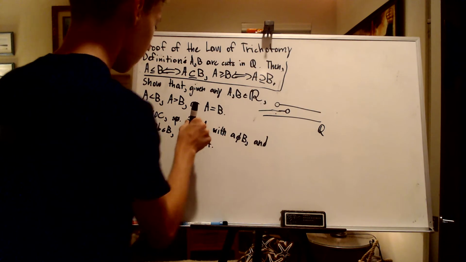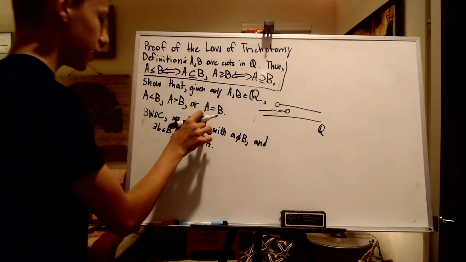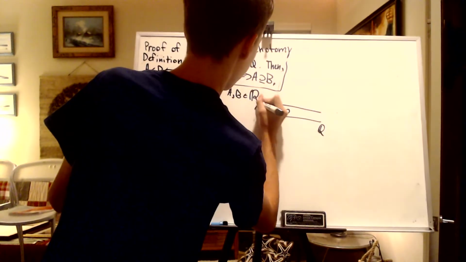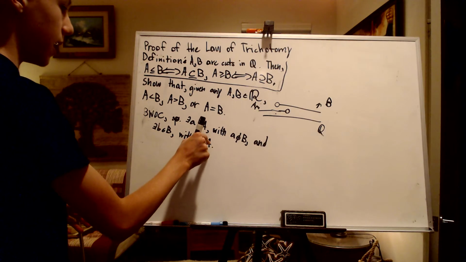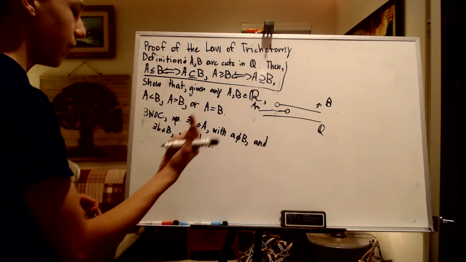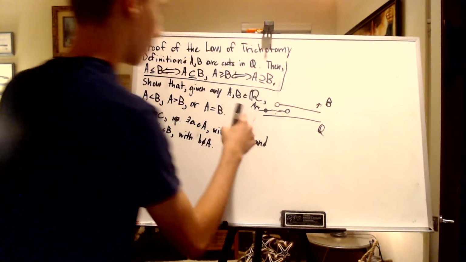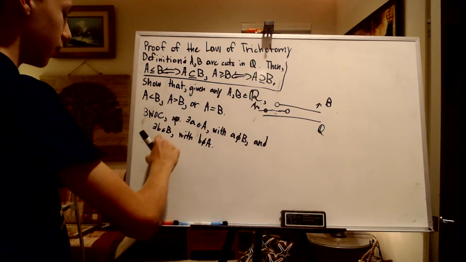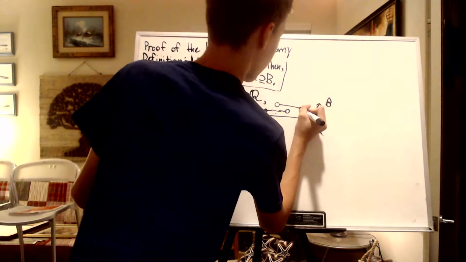By way of contradiction, suppose there exists an a in A, but a is not in B. Then there exists b in B, but b is not in A. So it's something like that.